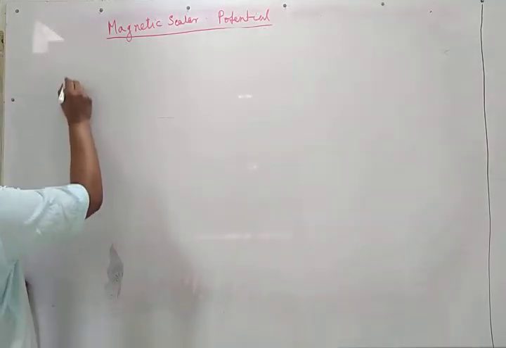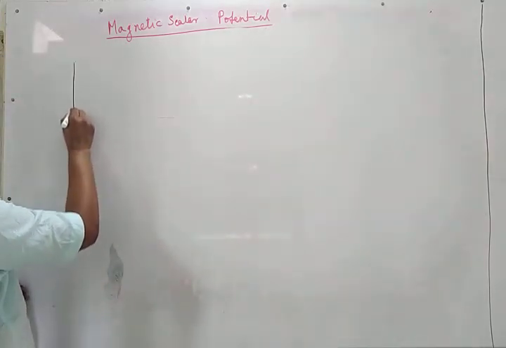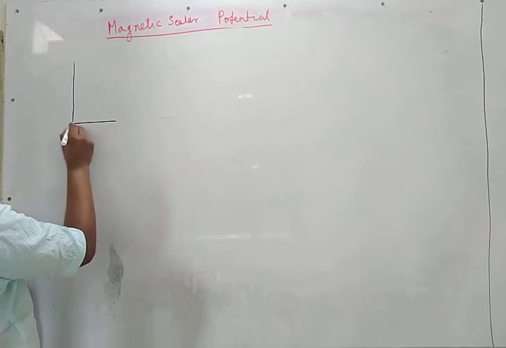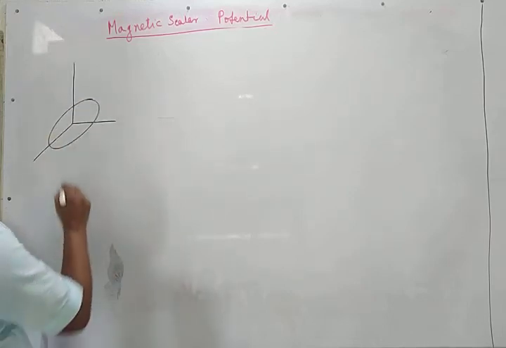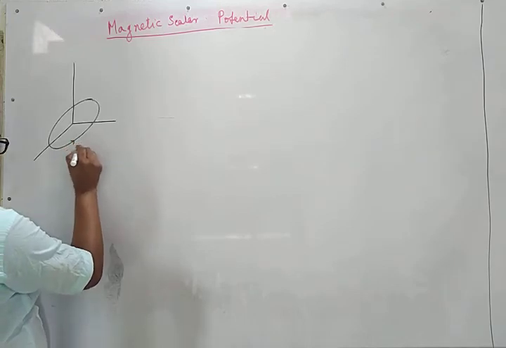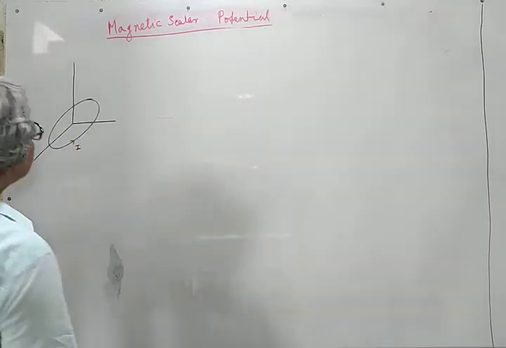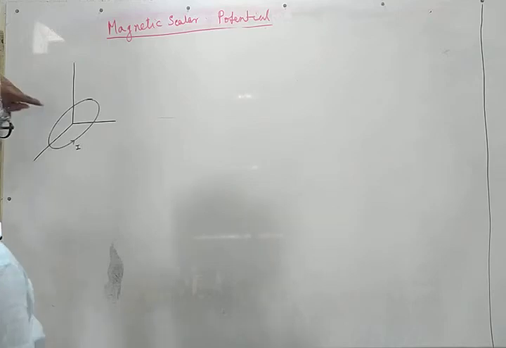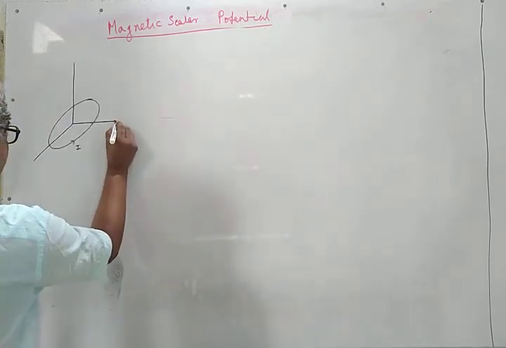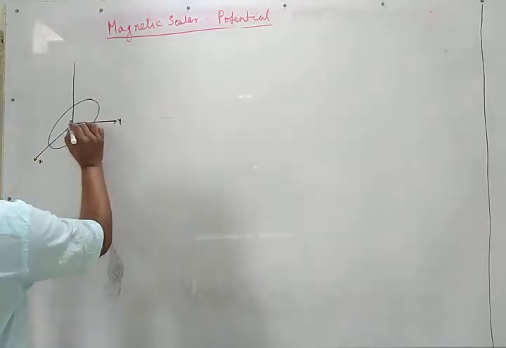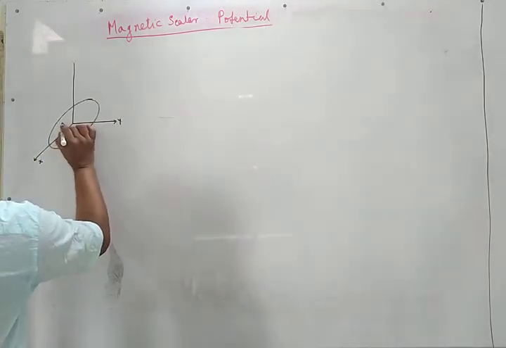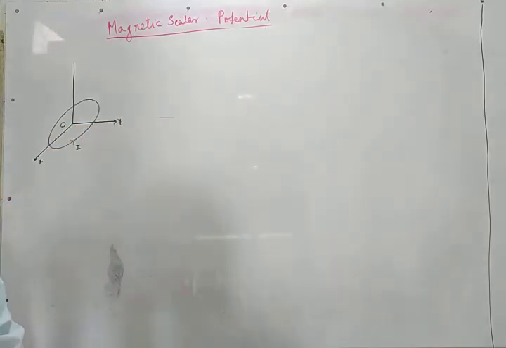So what do we have? Let me first draw this graph. We have a circle which carries a current I. We choose the circle to lie in the xy plane, such that the origin coincides with the center of the circle.